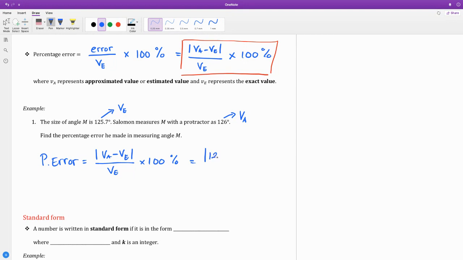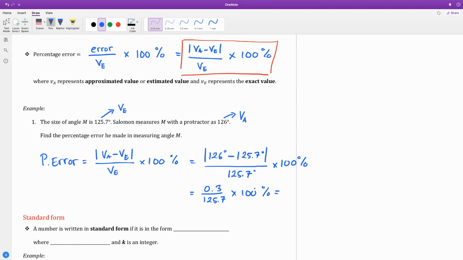VA is 126 degrees minus 125.7 degrees, divided by VE, 125.7 degrees, multiplied by 100%. Using our calculator, we will find 126 minus 125.7 is 0.3, over 125.7 times 100%.